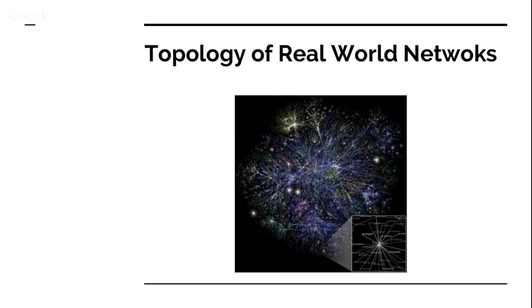Okay, so this is something which everybody can do: topology of real world networks, and there are actually no strong prerequisites required for it. We have already seen some factors in the topology of real world networks. For example, they have a power law, they are scale free, they have communities, they have core periphery structure.